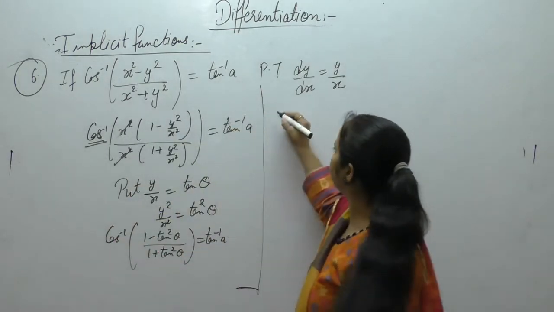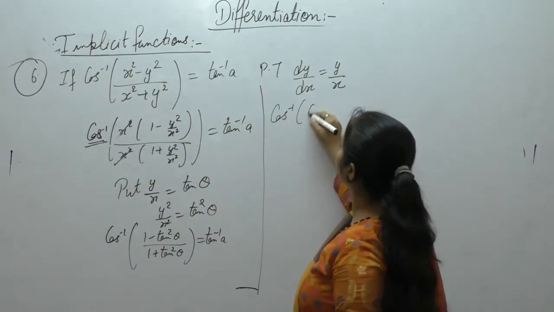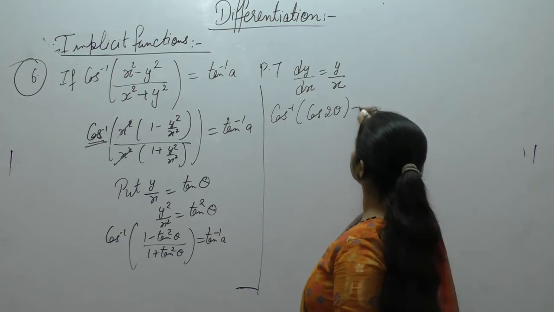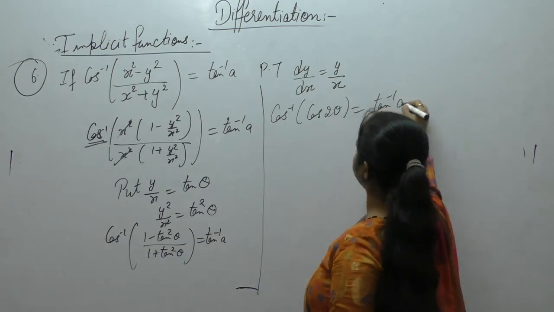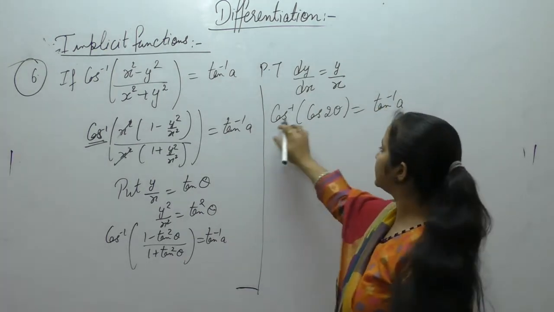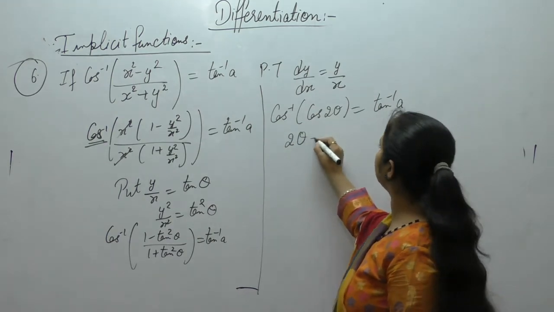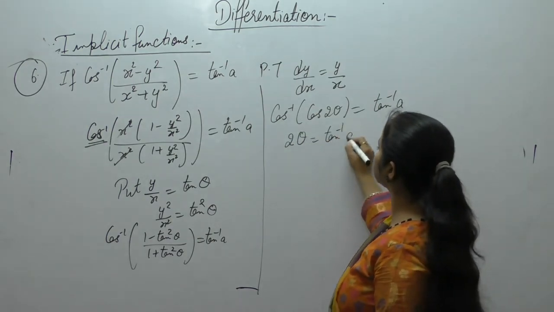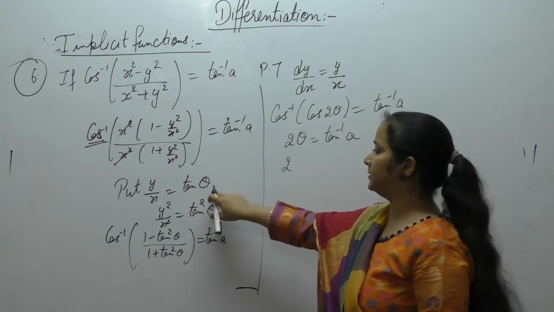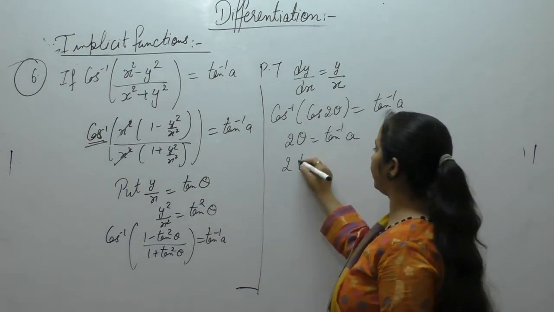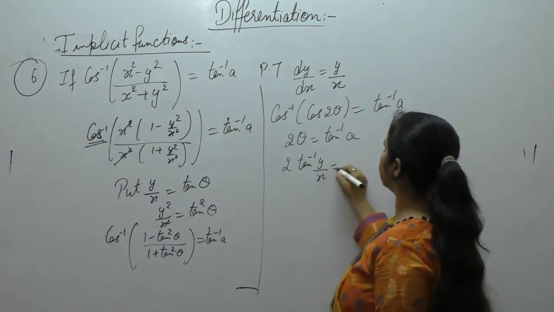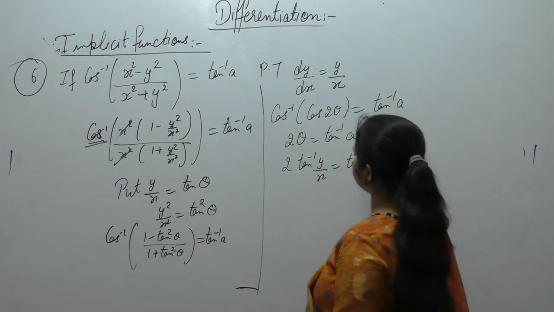This is the formula for cos of 2 theta, is equals to tan inverse A. Cos inverse and cos will get cancelled. 2 theta is tan inverse A. Theta is tan inverse y upon x, so 2 tan inverse y upon x is equals to tan inverse A.